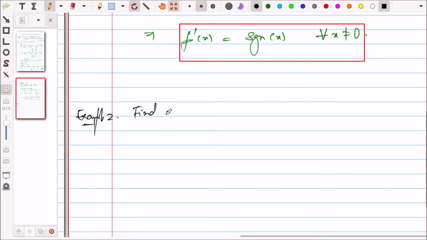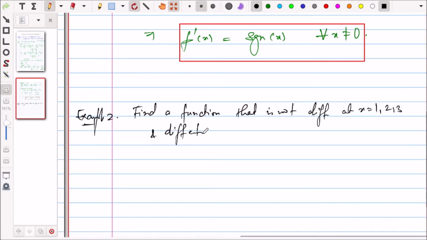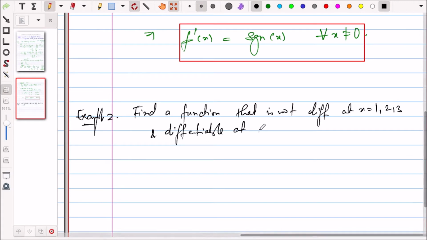Find a function that is not differentiable at x equal to 1, 2, and 3, and differentiable at all other real values.